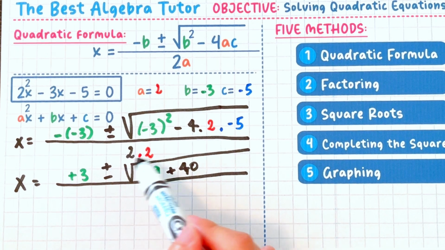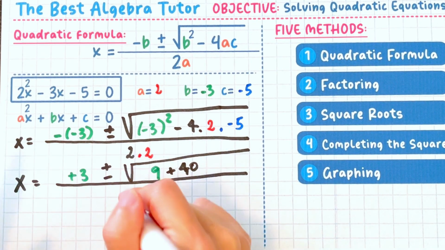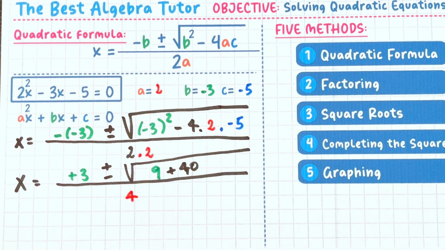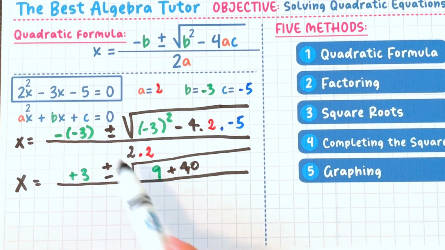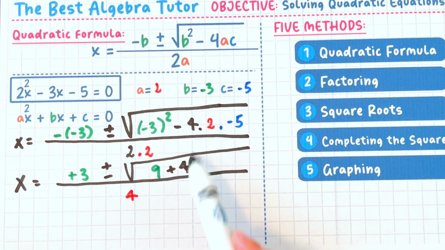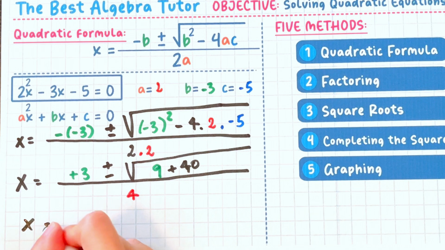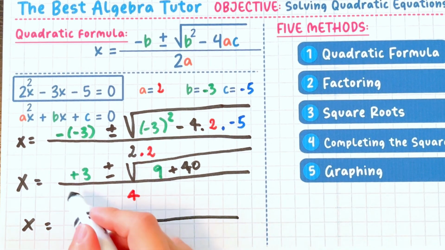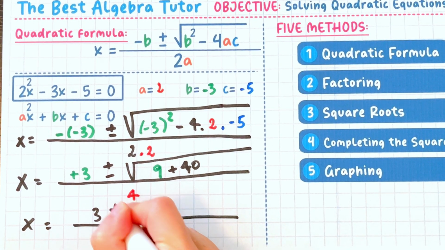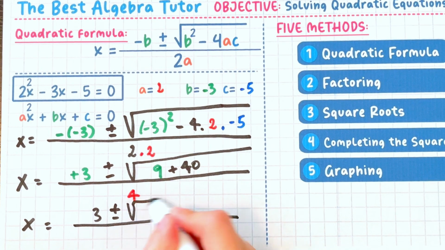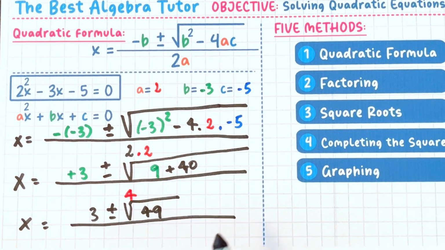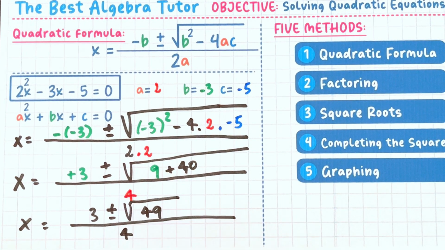So at the bottom now, 2 times 2 is 4. Okay, let's double check. Positive 3, 9, negative 4. Yes, okay, so x equals 3 plus minus the square root of 49 over 4.